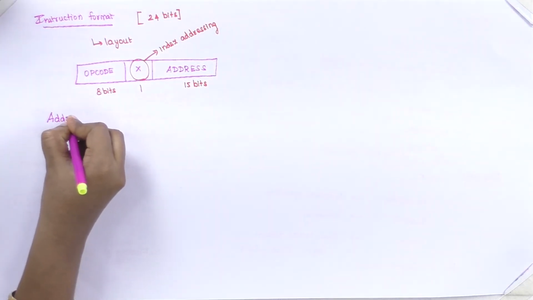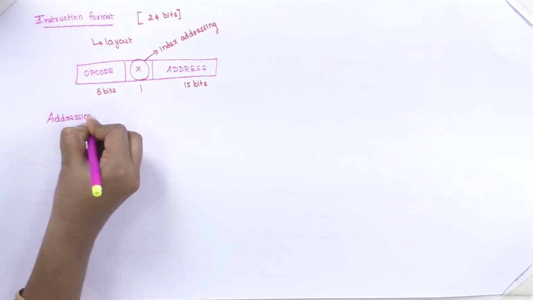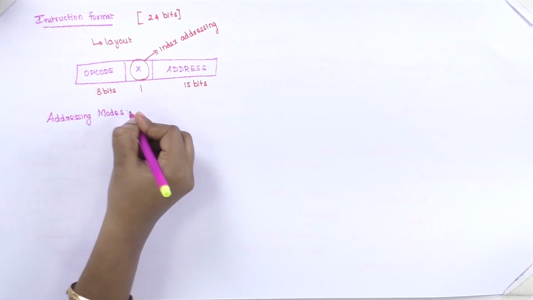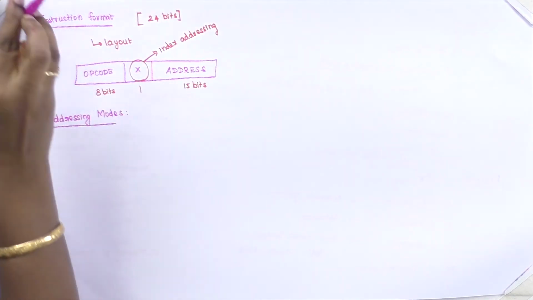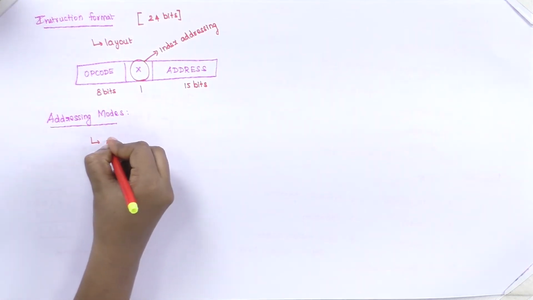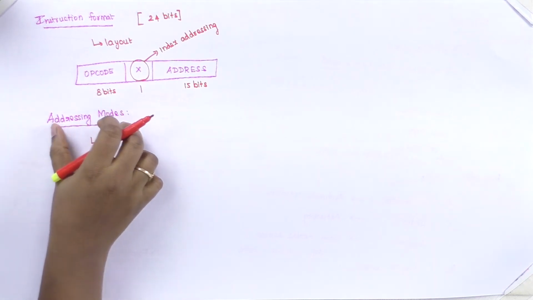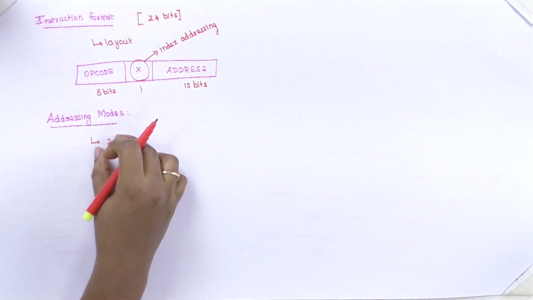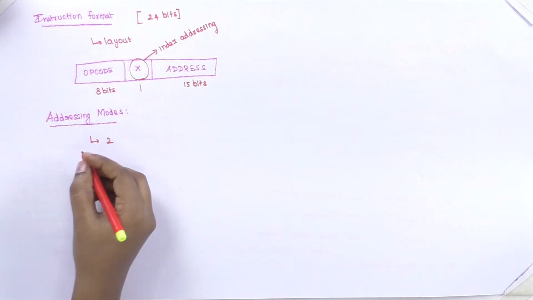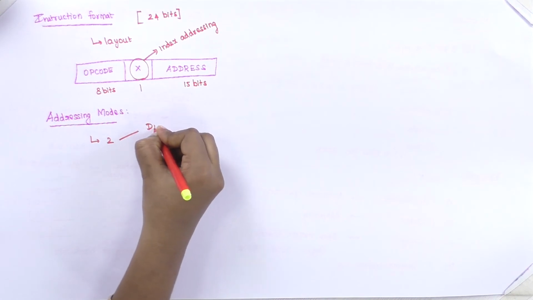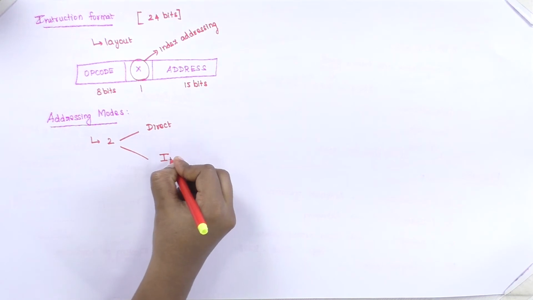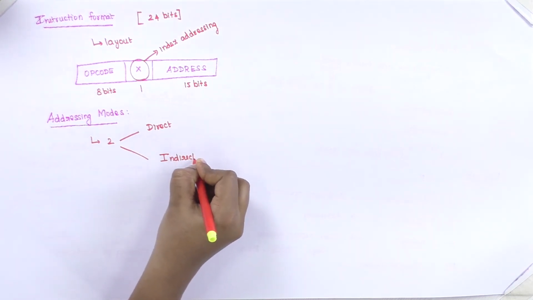Next, addressing mode. Two addressing modes are there in our SIC machine. This addressing mode is indicated by the setting of the X value. So the two addressing modes are direct addressing mode and indexed addressing mode.